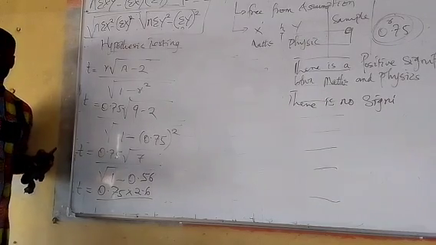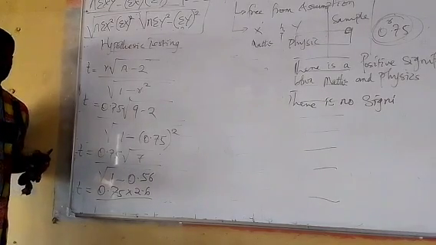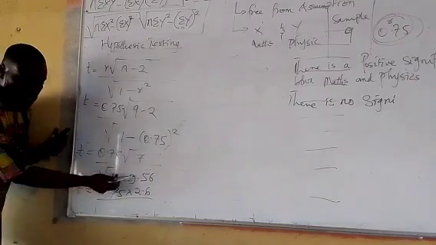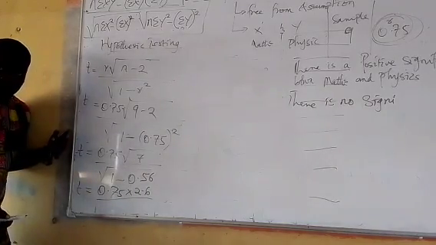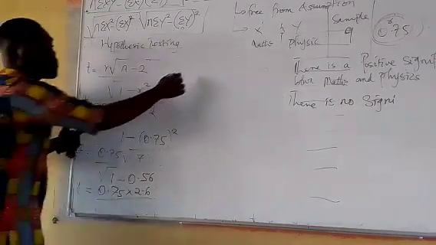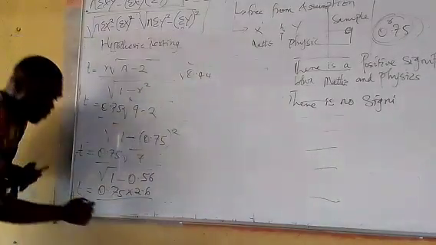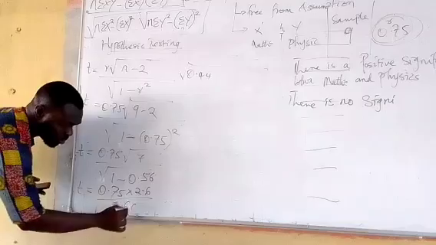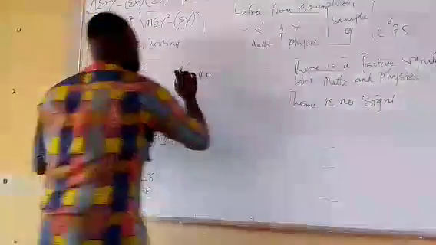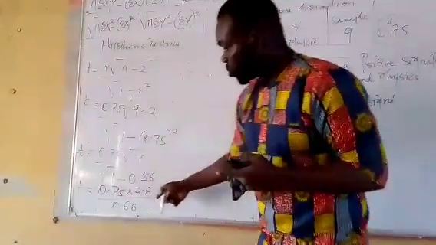Find the square root of 0.44. You understand what I'm doing now? Let me come again. I said 1 minus 0.56 is what? 0.44. Find the square root. 0.66.